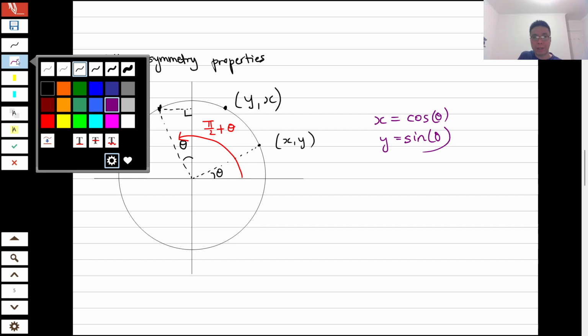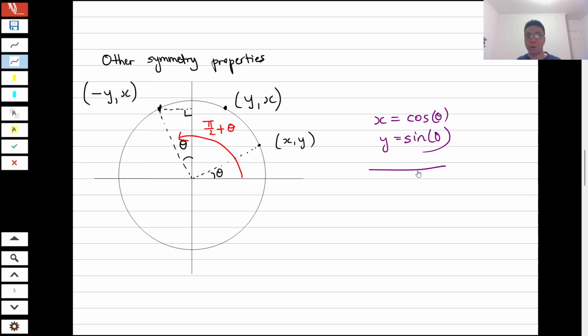So if you're happy with that, we can now write down values for cosine and sine of pi on 2 plus theta. According to this diagram, the cosine of pi on 2 plus theta is the x value, which is negative y. So it's negative sine theta. Now let's think for a moment. If I take the cosine of an angle in the second quadrant, I expect it to be negative, and there's a negative sign coming out there.